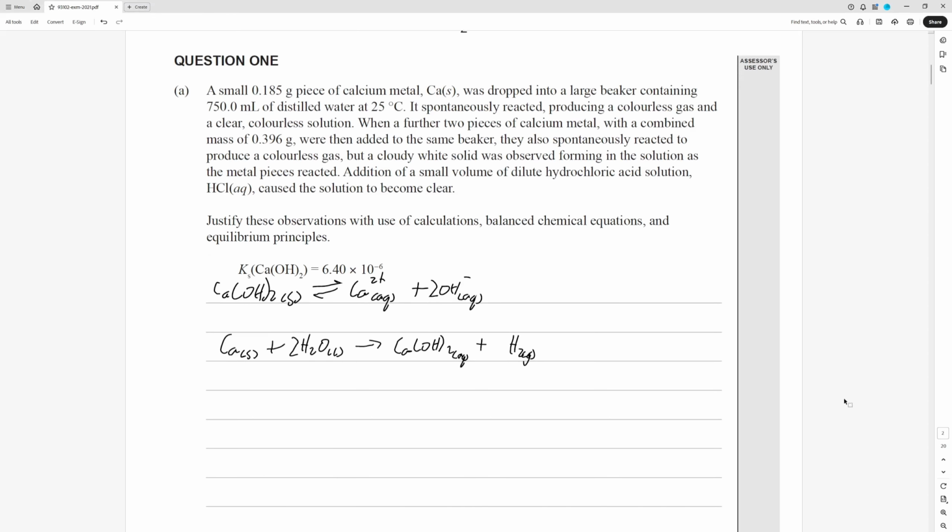Next is to do the quantitative parts with this calculation. So what we can see here is we're given this mass of calcium and we're given the volume of water. What that means is we can find the concentration of the calcium in solution. So first thing to do is find the moles initially in calcium.